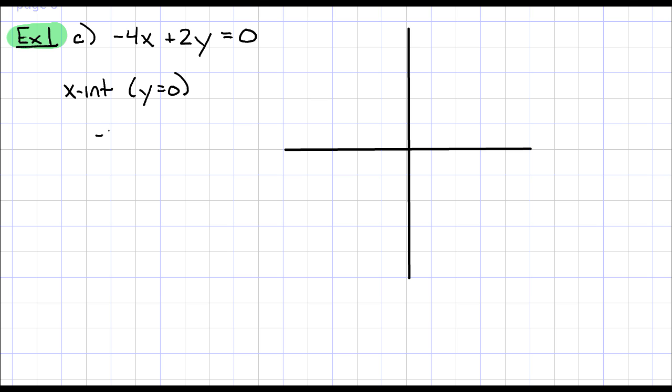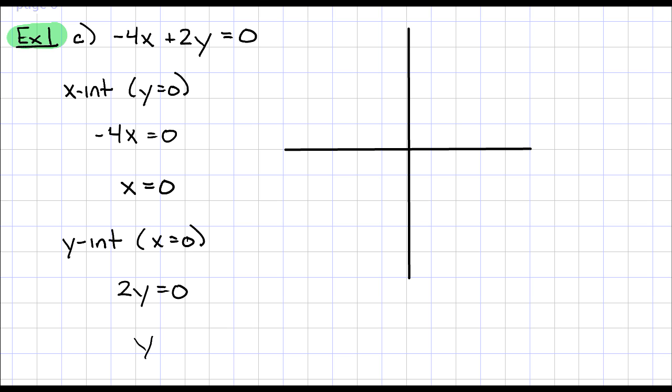And I get minus 4x equals 0, or x equals 0. Okay. To find the y-intercept, just like before, I set x equal to 0, which is going to give me 2y equal to 0, or simply y is equal to 0.